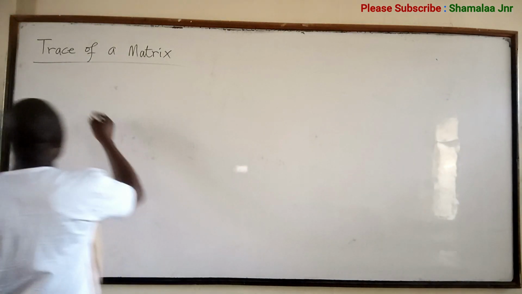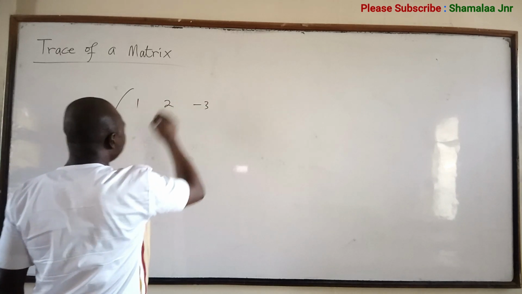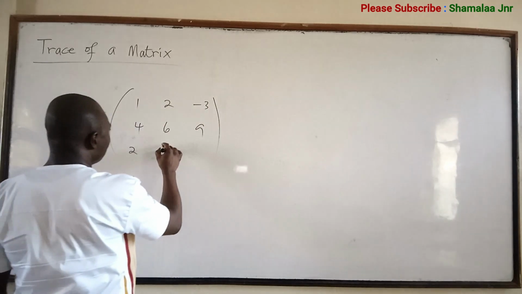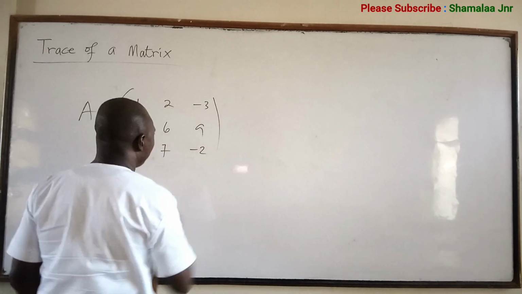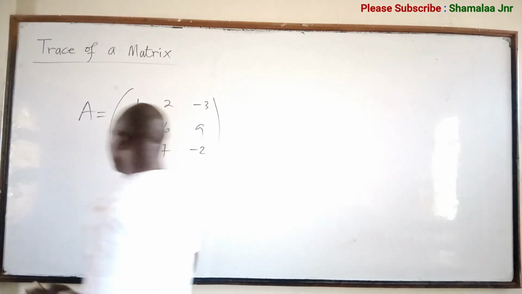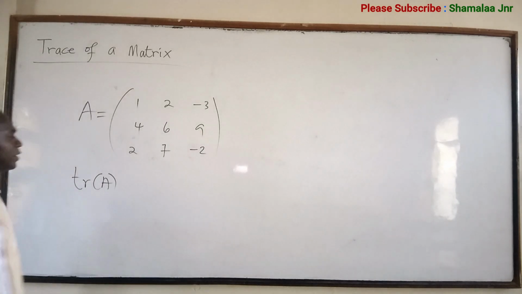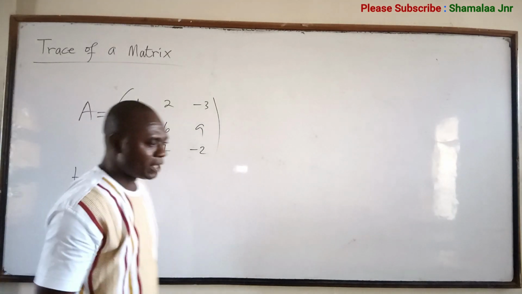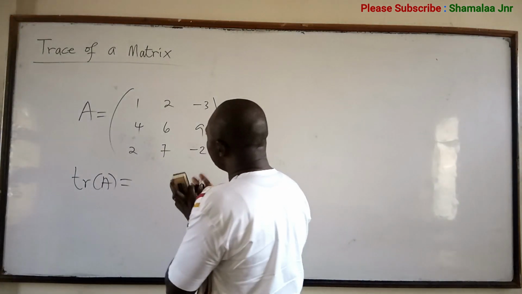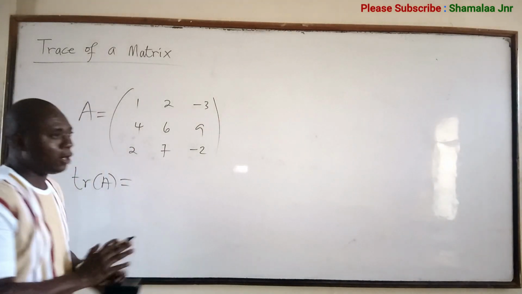Now, for example, when you have a matrix A equal to 1, 2, negative 3, 4, 6, 9, 2, 7, negative 2, and you are asked to find the trace of this matrix, denoted trace of A, what it means is that you should first be able to identify the main diagonal, or the principal diagonal, of this matrix.